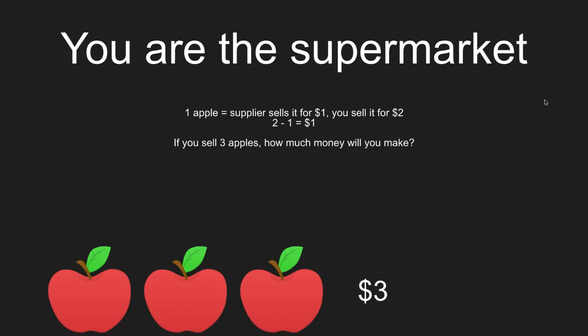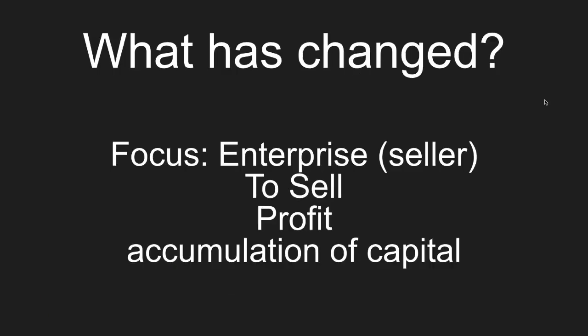And that is a big change. Why? Because this time, what has changed? This time, the focus is on you, but you being an enterprise, you being a seller, and the keywords here change from buy to sell, okay? From spending, it changes to profit, to make profit, and leads you to have an accumulation of capital, okay?